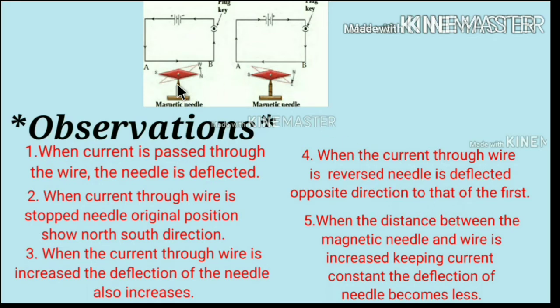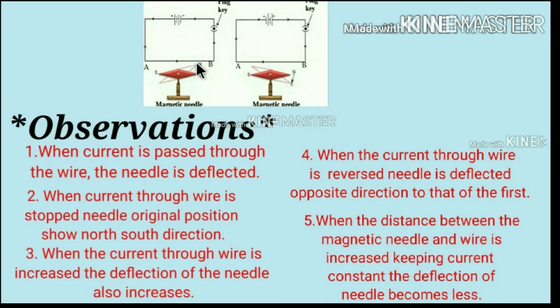Here let's see the position of the needle. This is shown by the dotted line. This is the turning of the needle in this direction when the current is in this direction, positive to negative.